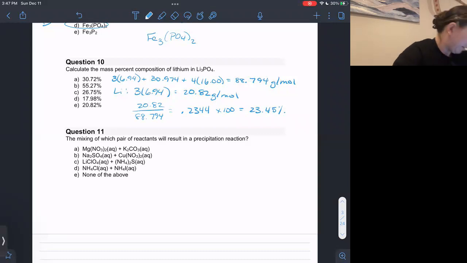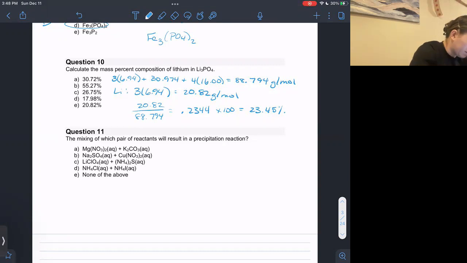So let's check my math again. Let's check our molar mass again, because 7 times 3 would be 21. So I think my molar mass of lithium is fine. So maybe I just plugged something into my calculator wrong for the overall molar mass. I only have 1 phosphorus, okay, and then 4 times 16.00.